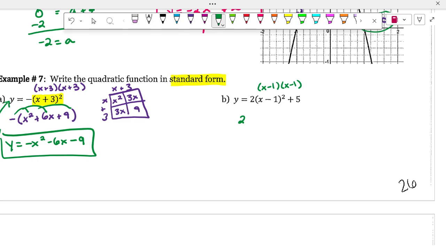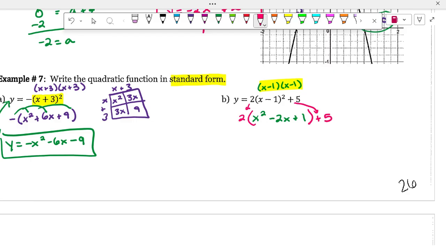So I have x squared, -1 times x is negative x, times 2, that's negative 2x. -1 times -1 is positive 1. So that's what I get when I do this calculation. Now, since I got stuff outside of it, I'm going to put that in parentheses and bring down the 2 and the plus 5.